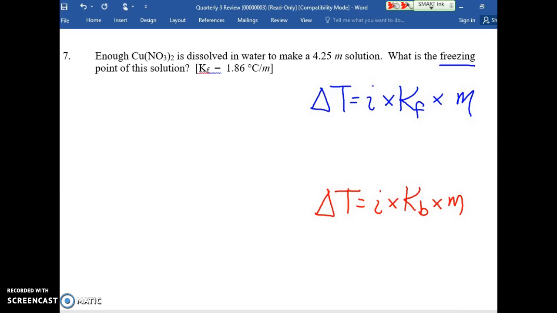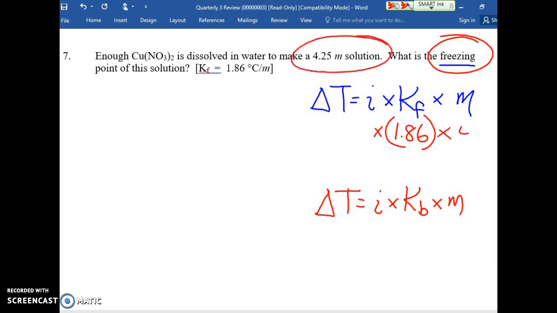This one answers the question posed. Freezing point is Kf, so you're given, notice, the constant for this particular solution, 1.86. We need the molality. Molality is like molarity. We're just going to give you the molality, 4.25. The i value is for CuNO3.